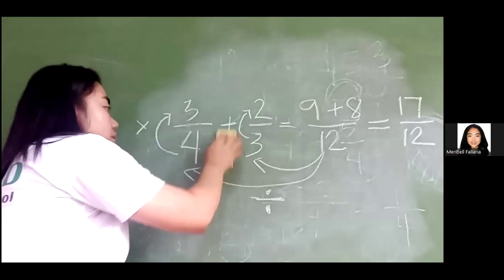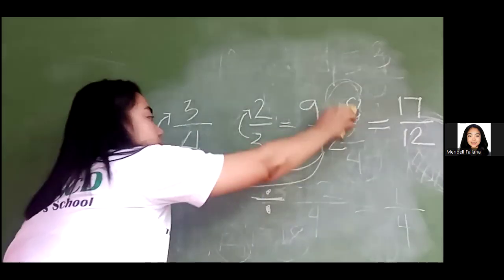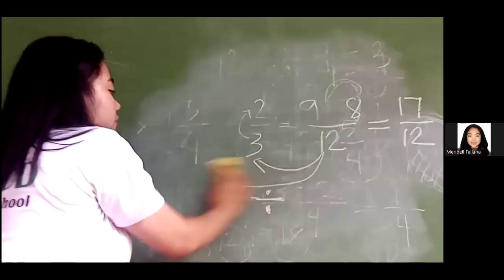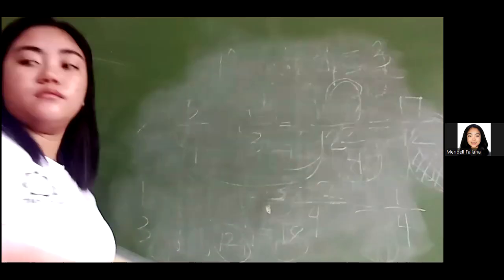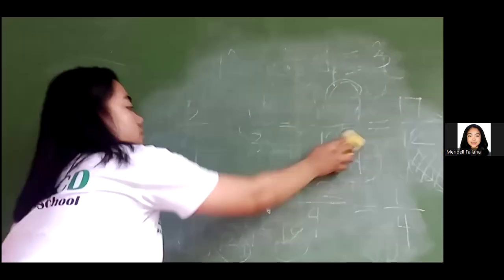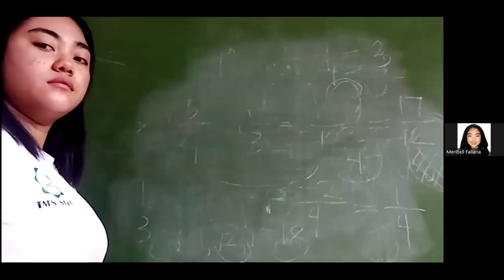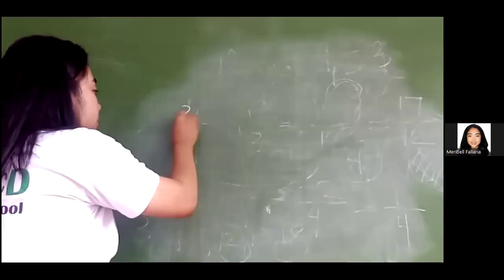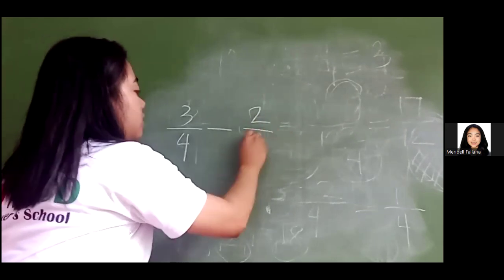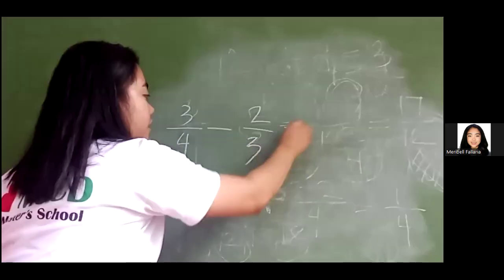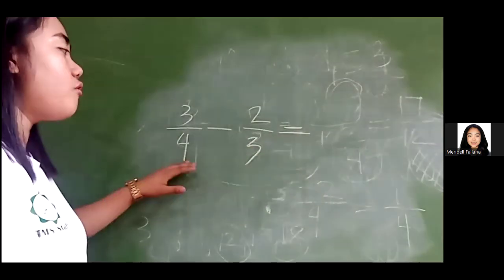For example, we have the subtraction naman. We have 3/4 again, minus 2/3, and is equal to, find the multiples of 4 and 3.